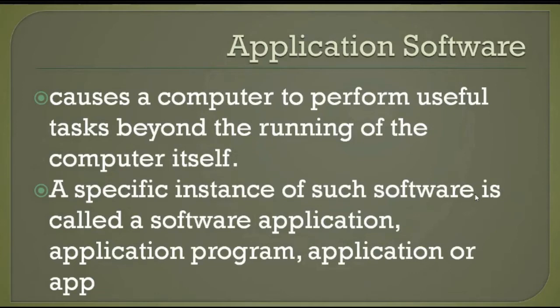We are doing some programs, right? Then doing some useful tasks like mathematical calculations. We are using internet for browsing information, etc. Such tasks can be done using the application software only.